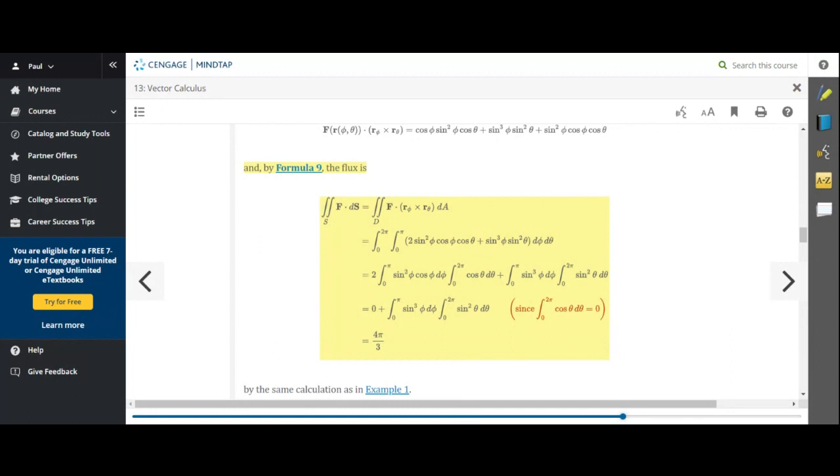But of course, on the final exam, I would want to see your work, see those steps, so that I can see you understand the concepts. But they end up getting 4 pi over 3. And so the rate of flow is positive, and that's the rate. Are there any questions on that?